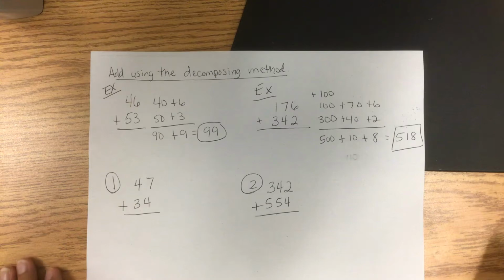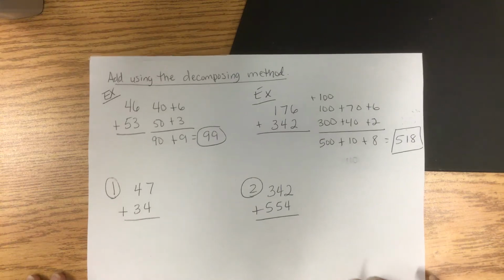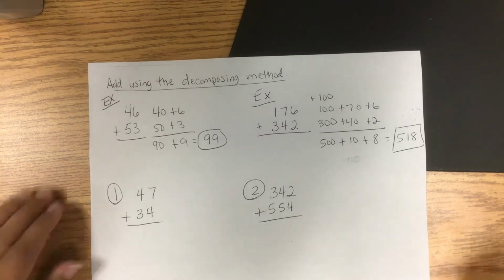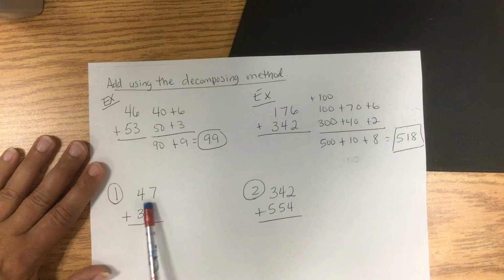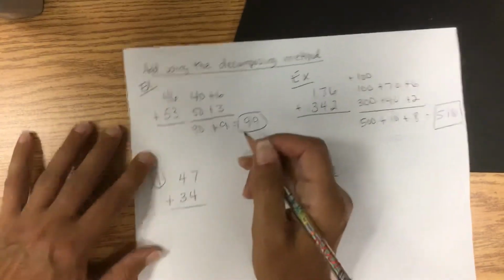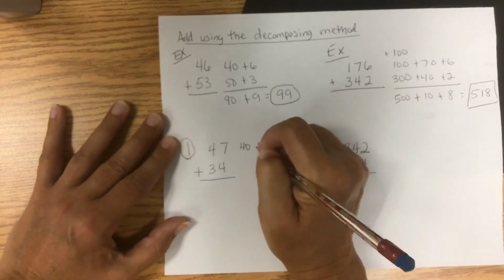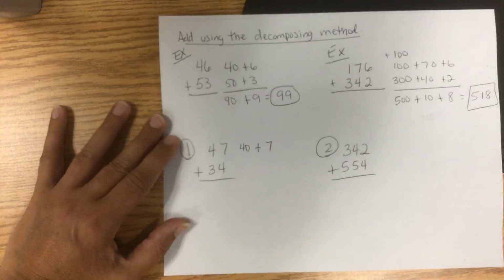Okay, so hopefully you paused your video and worked out these problems on your own. Let me go over these examples so you can see what your work should look like. I've got 47. I want to decompose that. I'm going to write it in expanded form, 40 plus 7.